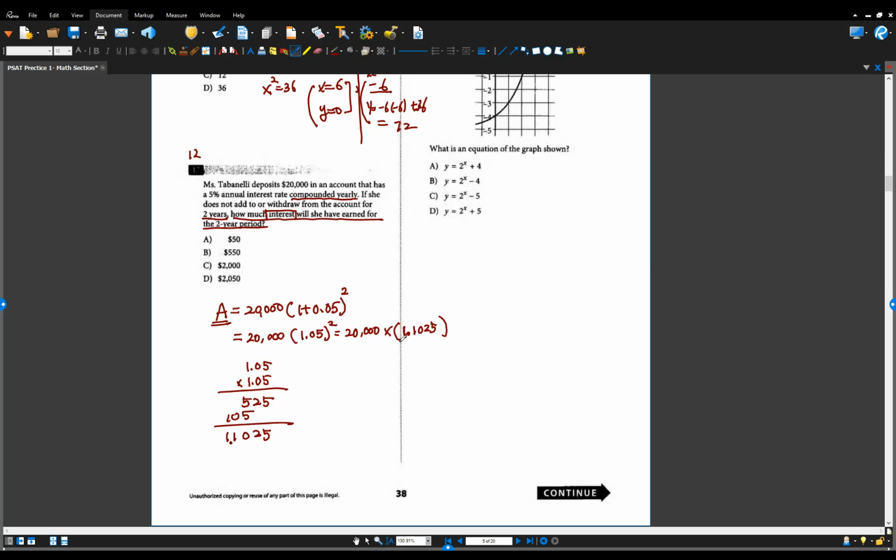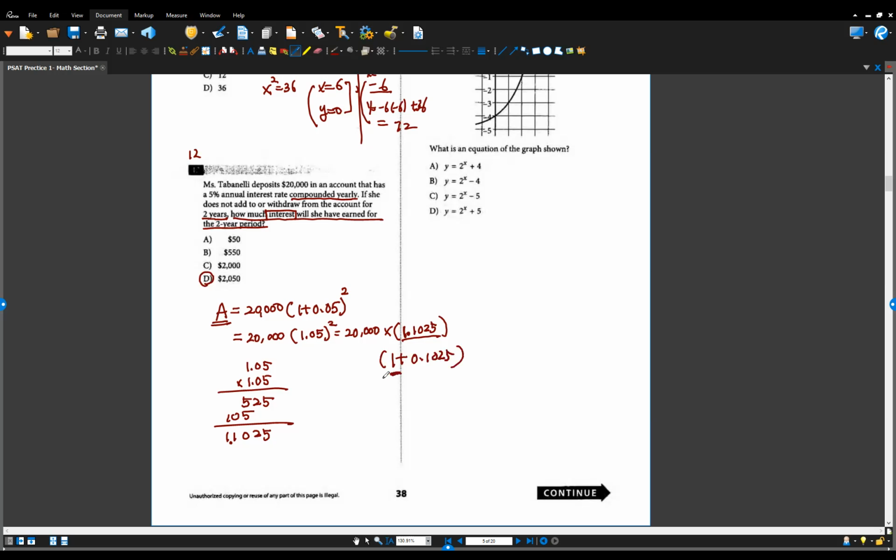So the answer is... Kara? Is it D? Yep. I think it is, because what that means over here is 1.1025, which is exactly 1 plus 0.1025.